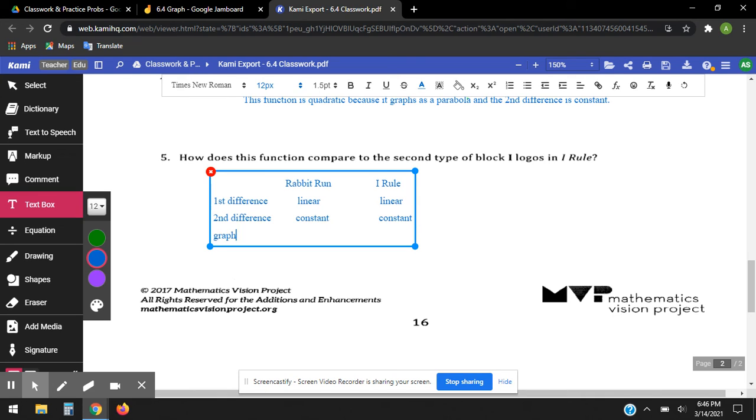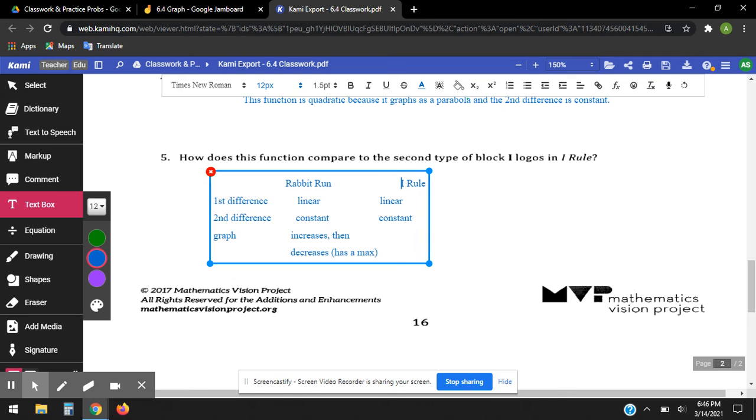How about the graph? Well, this one increases, then here, decreases, has a max, and over a little bit, run out of space.